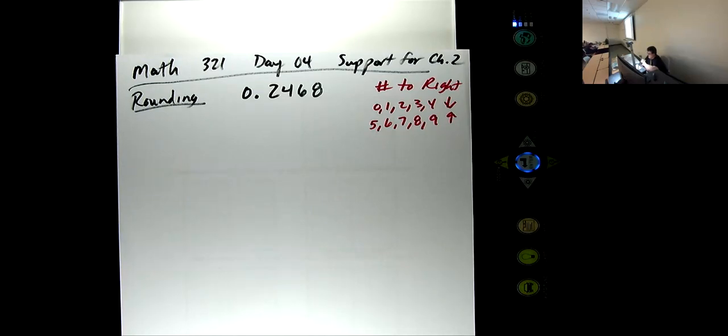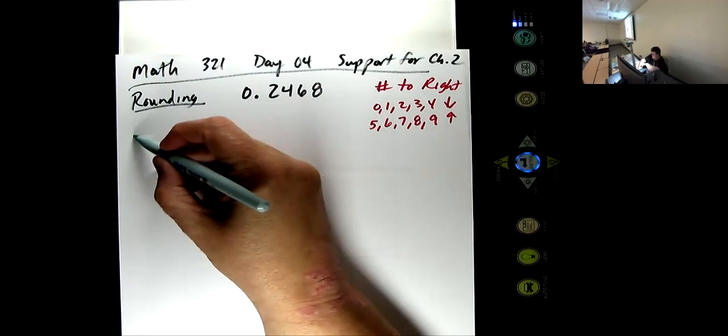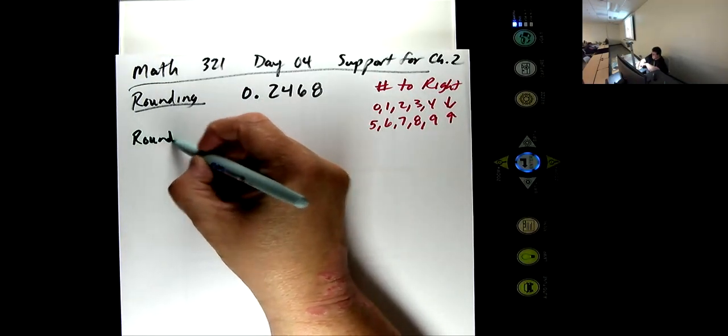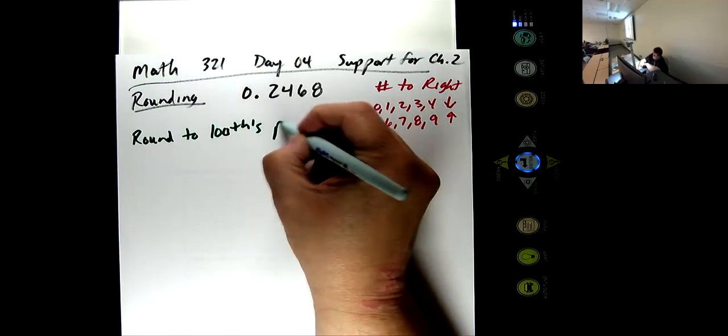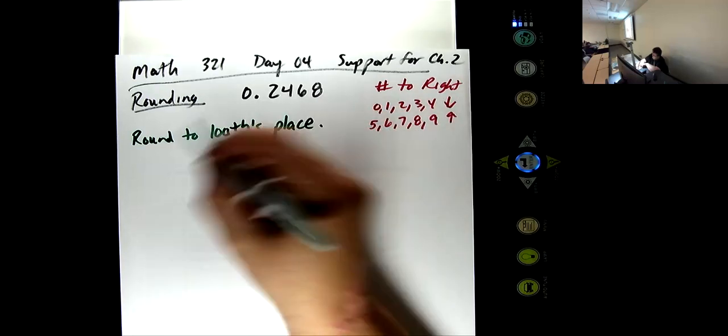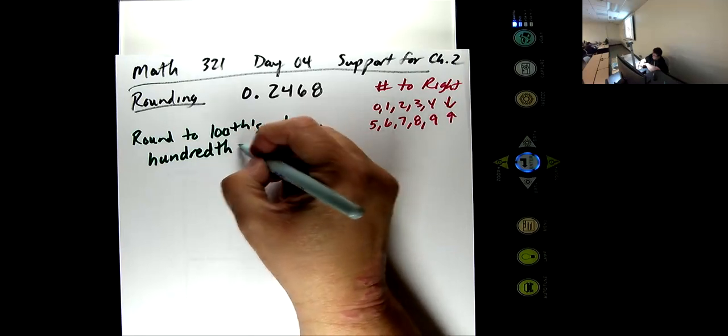Let's say we want to round this to the hundredths place. That looks funny. I don't know that I've ever written out the number. It should be spelled out like that.